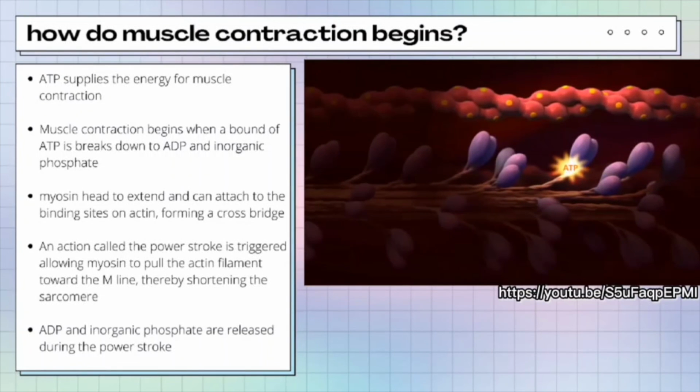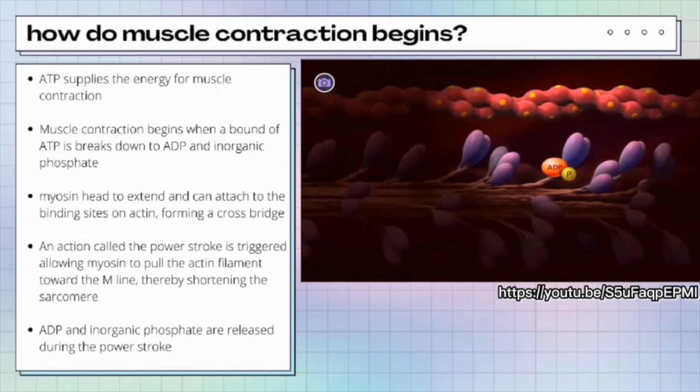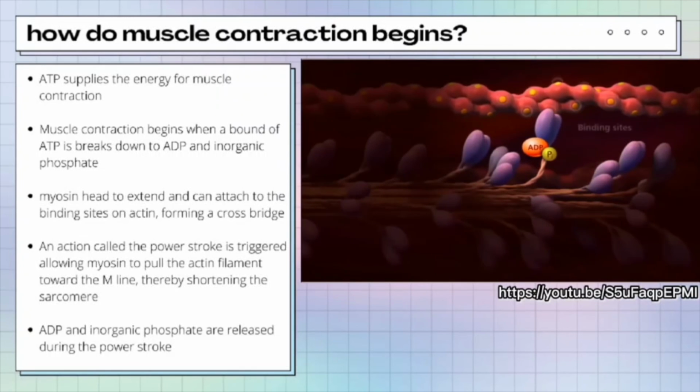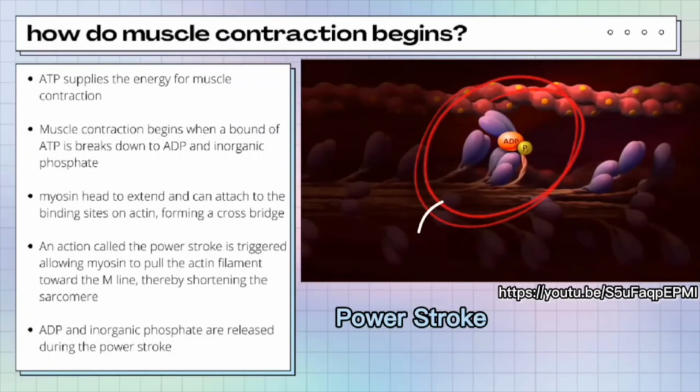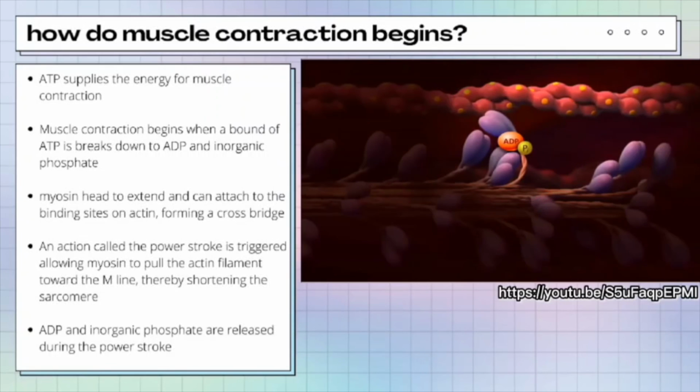Muscle contraction begins when a bond of ATP is hydrolyzed, or broken down, to ADP and inorganic phosphate. This causes the myosin head to extend and attach to the binding sites on actin, forming a cross bridge. An action called the power stroke is triggered, allowing myosin to pull the actin filaments toward the M line, thereby shortening the sarcomere.